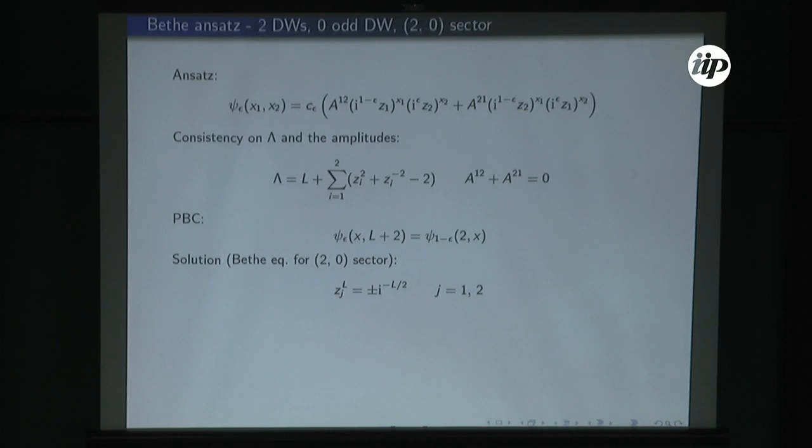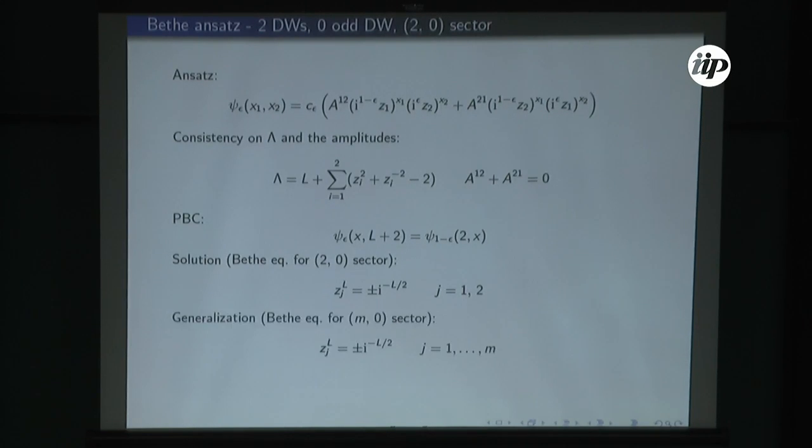from where you get your very, very simple Bethe equations, since as you can see, this is basically the free fermion Bethe equation. So this is very easy.